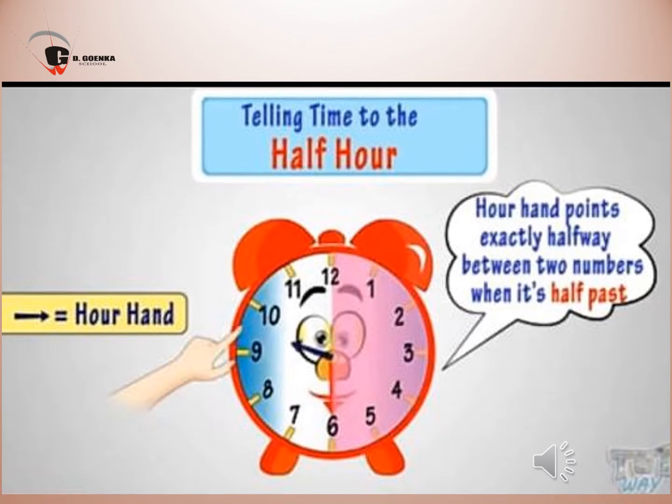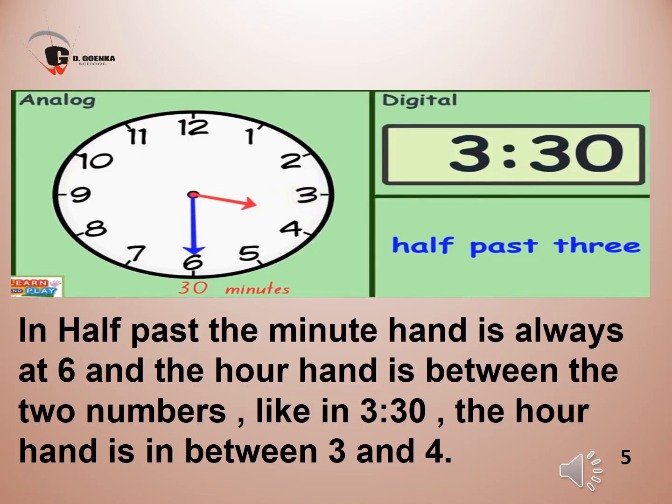It is half past, telling the time to the half hour. Here, the hour hand points exactly halfway between two numbers when it's half past. That is why it is known as half past. In half past, the minute hand is always at number 6 and the hour hand is between the two numbers.